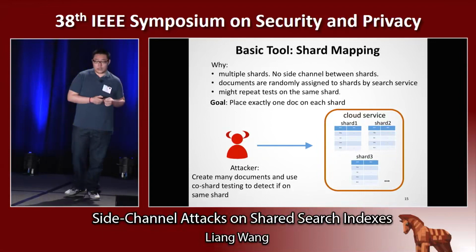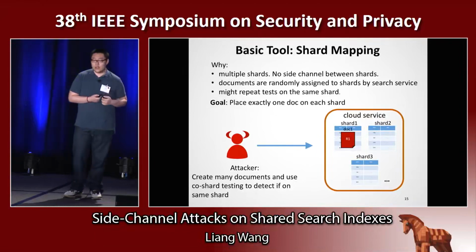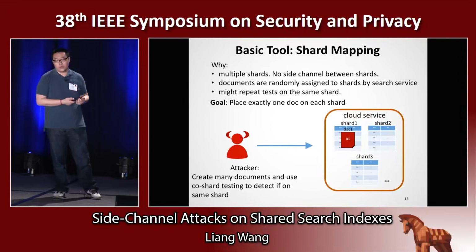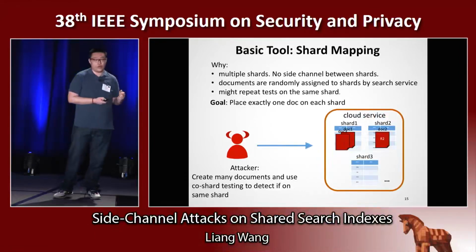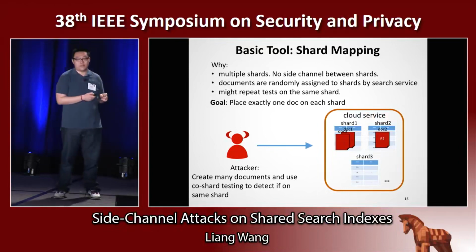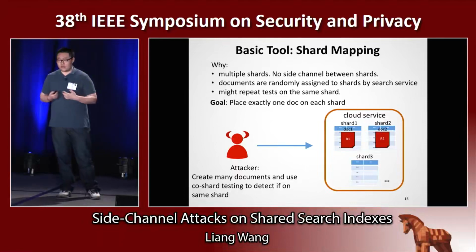To do so, we just keep creating documents, and we use co-shard testing to test if a newly created document is on the same shard as any previously created document. If this document is co-shard with any previously created document, we just throw that document away. Otherwise, we keep that document as an identifier.